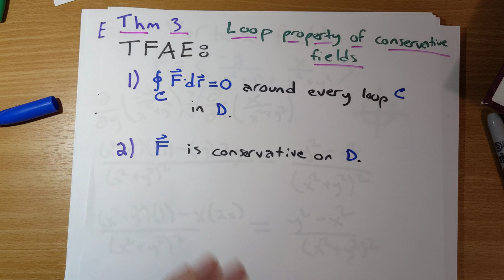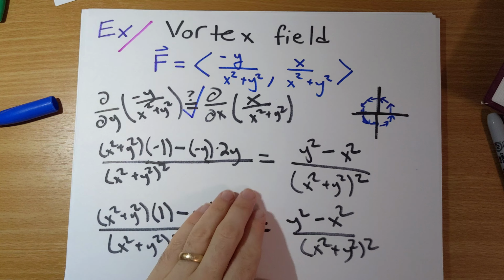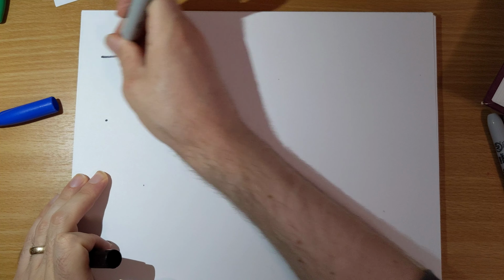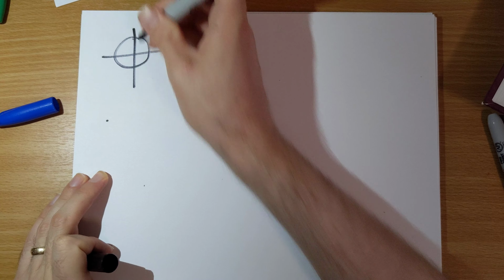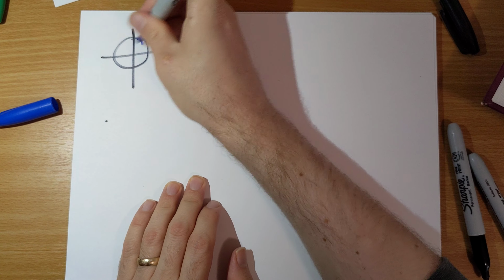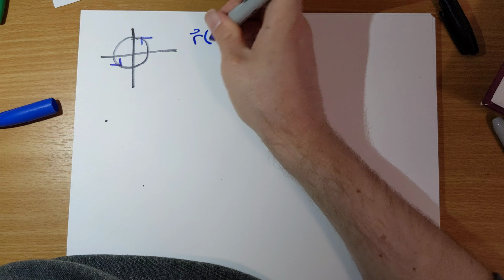So the integral over c of f dot dr over any closed loop needs to be 0. So what closed loop am I going to do? I'm going to do the simplest closed loop I can think of. I want to integrate over the unit circle. Okay, so unit circle, what's the parameterization?